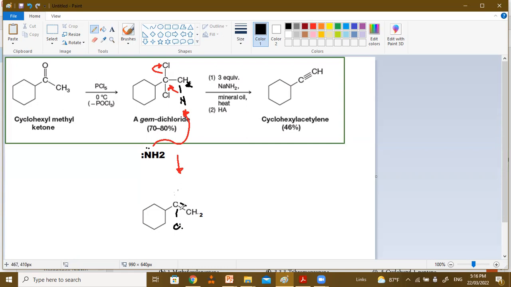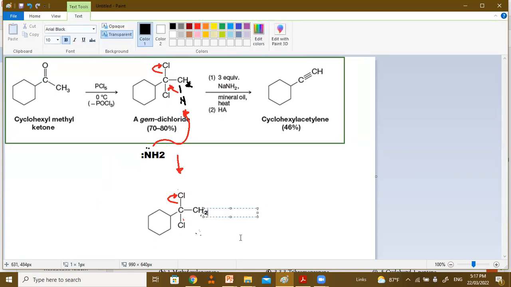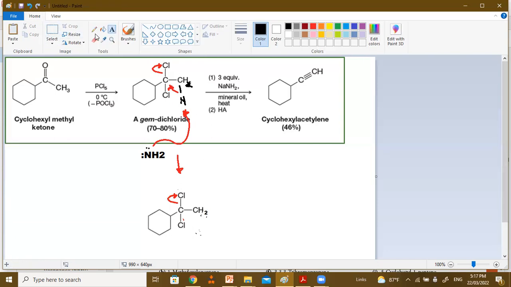So you have, okay, once the proton is abstracted, we get our double bond here.